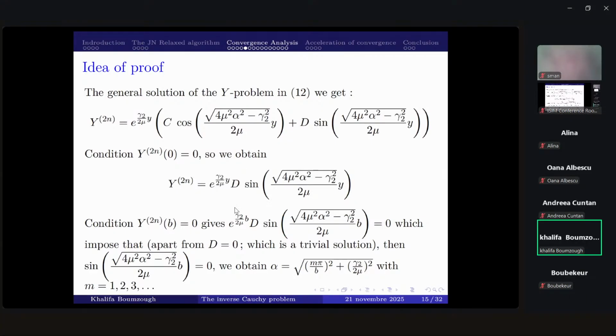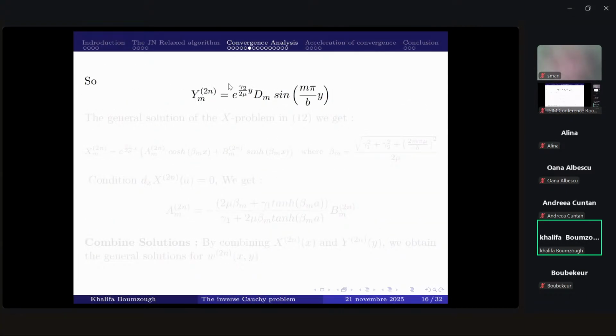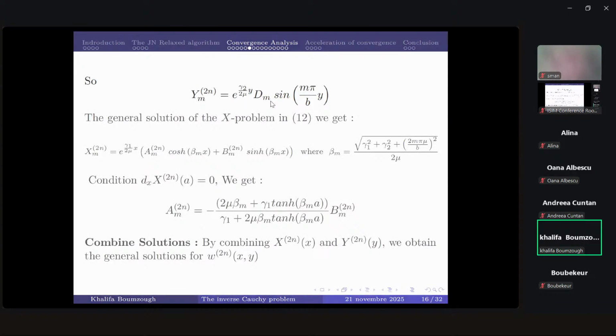Using the condition, we obtain Y2n equal to this formula. The general solution of the X problem in 12 is like that, and using another condition we obtain the expression of X2n.